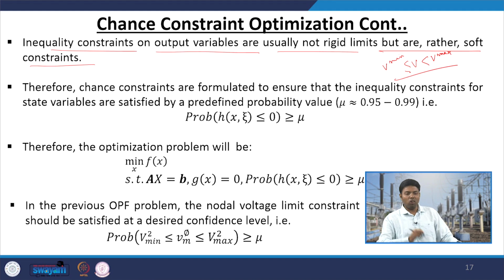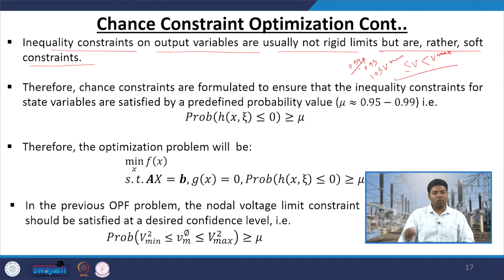This must be followed, but if it is from 0.95 to 1.05 and your voltage falls to, let us say, 0.94, that will not collapse your system. Okay. So, this you can call a soft constraint, and it can be relaxed if you have the highest level of uncertain events. Okay. If it is deterministic, then you have to follow it.